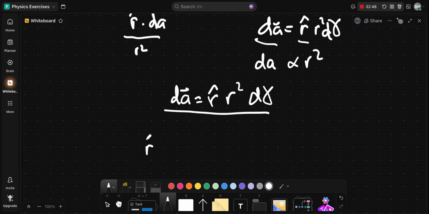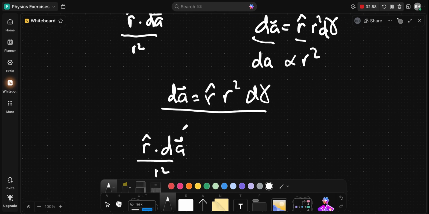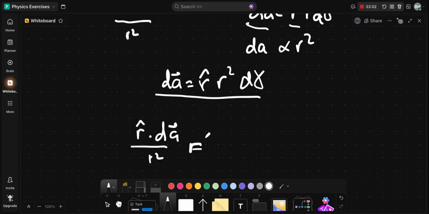We have r̂ dot dA divided by r squared. This is a vector, it's indicated. So this is going to be r̂ dot r̂ times r squared dγ divided by r squared.